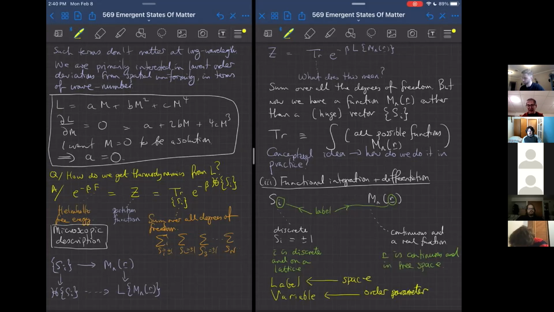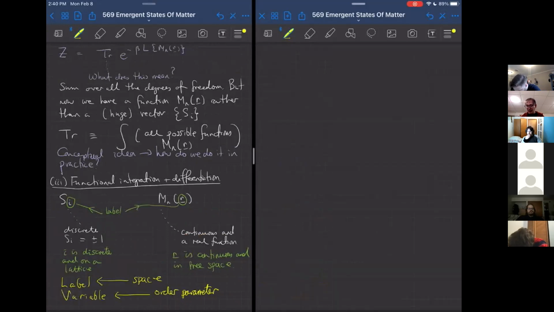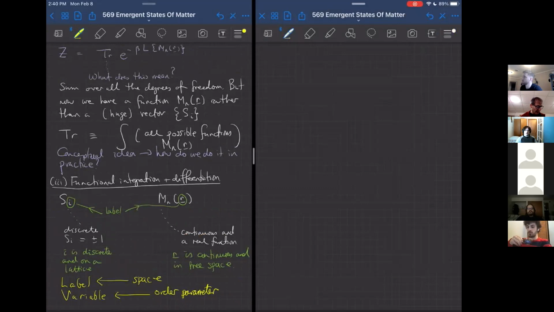So you'll often hear me say this: whenever we do any manipulations in functional calculus, students will get confused, and I'll say, don't get confused, just remember that space is just a label. So if you're ever in doubt, just think of it as a label, a subscript, and it's just like doing partial differential calculus or vector calculus for a countable set of discrete variables.